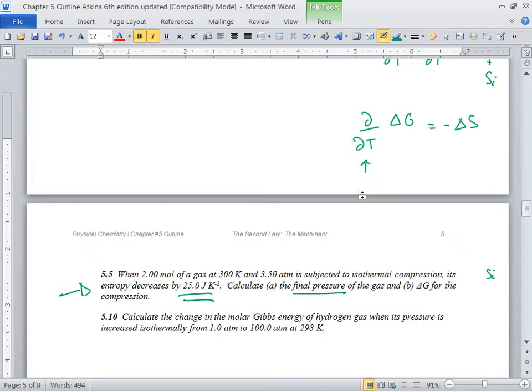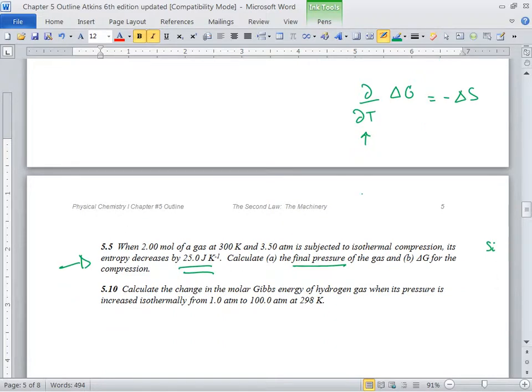So I would use the delta S relationship. Remember we have those in our concept previews. What was it? Delta S was NR something, P2 over P1. Is it NRT? I don't remember, but those delta S relationships are in our concept preview, chapter 4, I think.